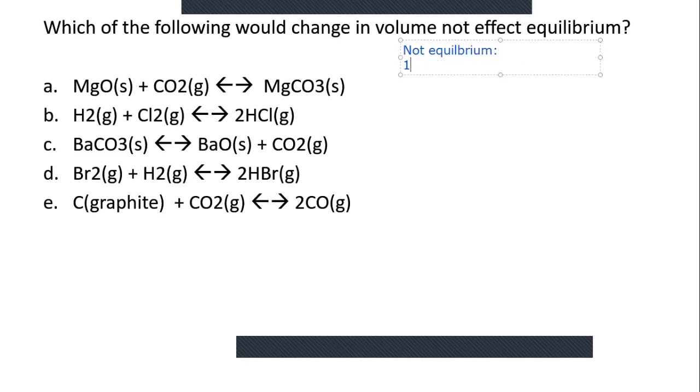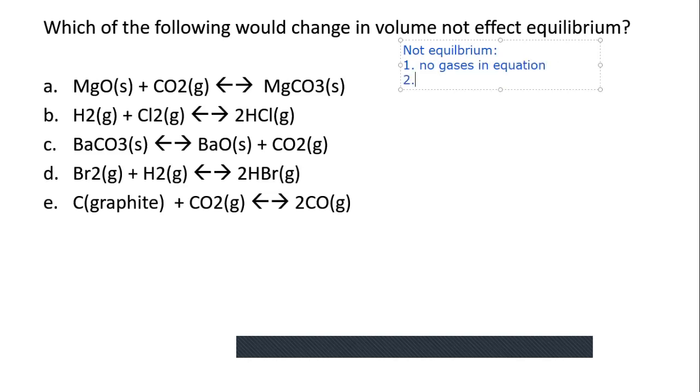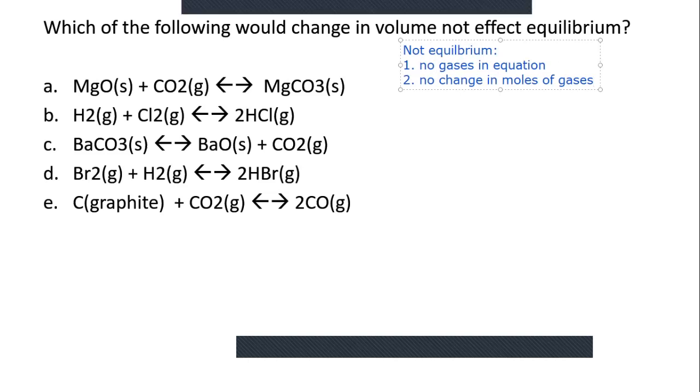One is no gases in the equation. Number two, what we can look for is no change in moles of gases. So if it meets one of these two criteria, volume will not affect equilibrium. So now let's go through it.